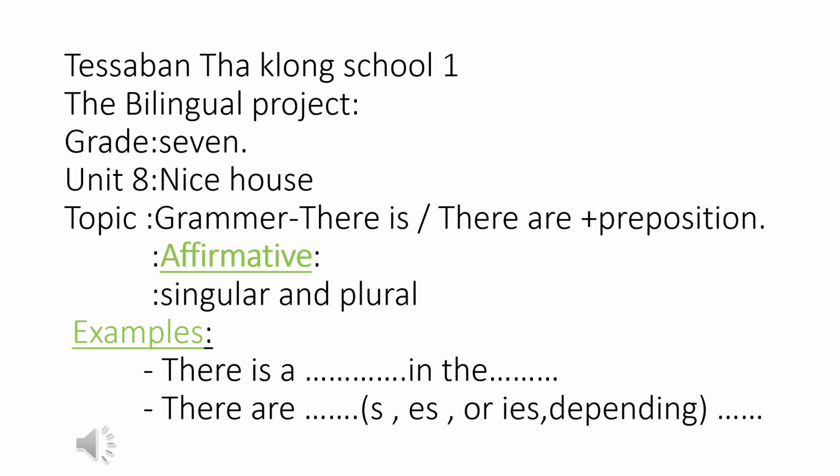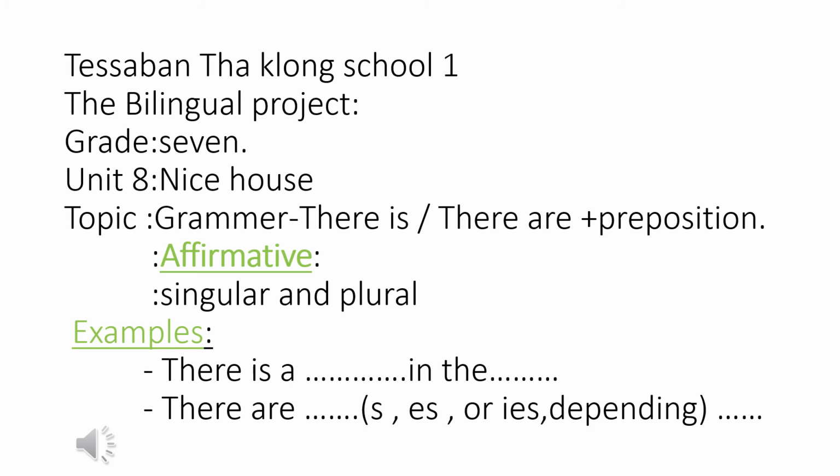There are. Then, don't forget, in this case, the noun must be in plural. There are beds in the bedroom. There are tables in the dining room. There are toys in the bathroom, and so many others.